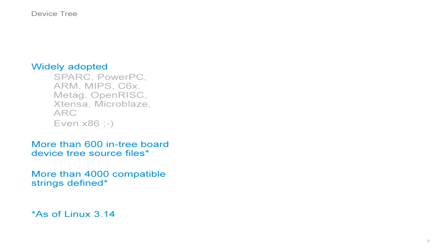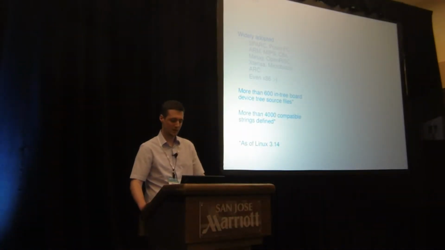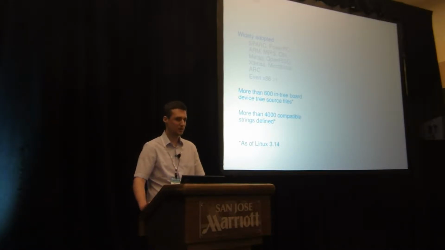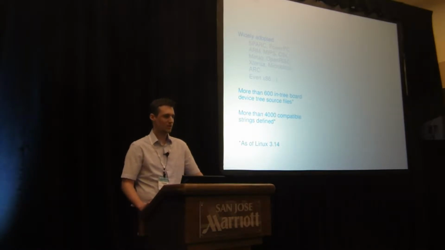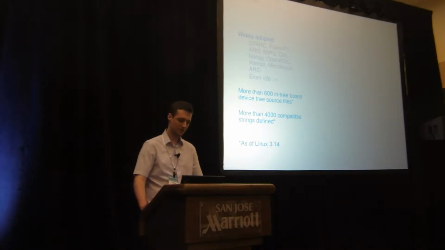Now, a few words about the device tree adoption process. Device tree is not really a new concept. It has been used for quite a long time on architectures such as Sparc or PowerPC. Later, it was adopted by the ARM architecture as well. But also, a number of other architectures are using device tree to provide information about the hardware, as listed on the slide.